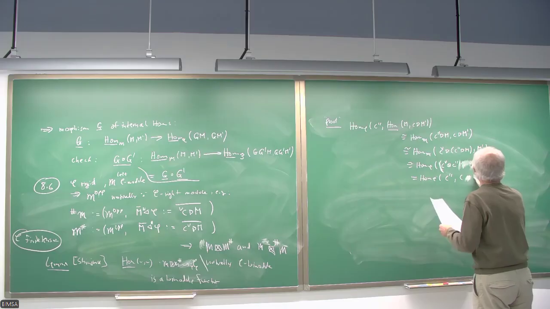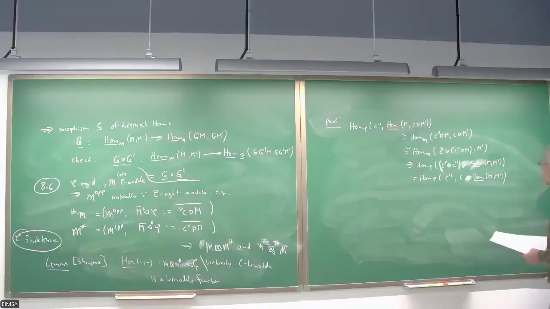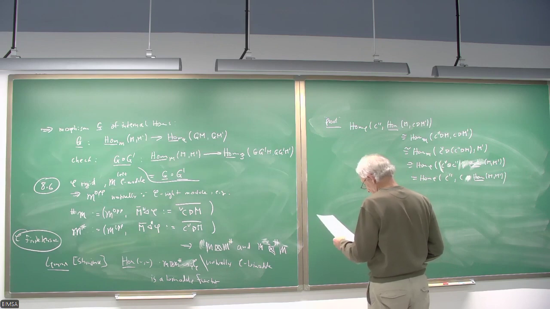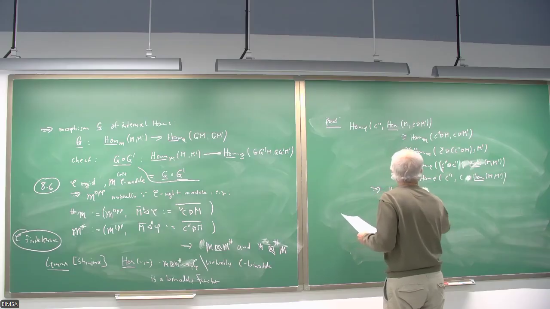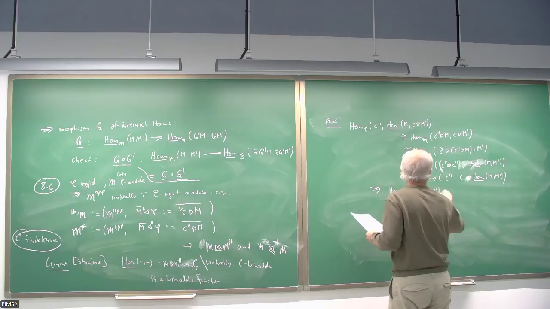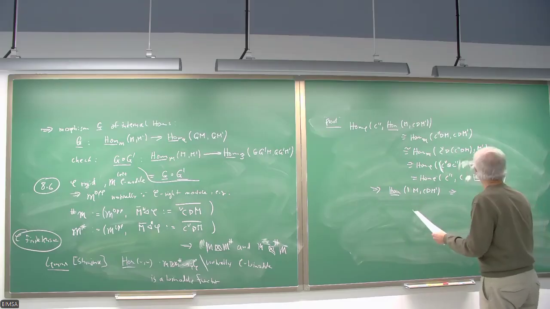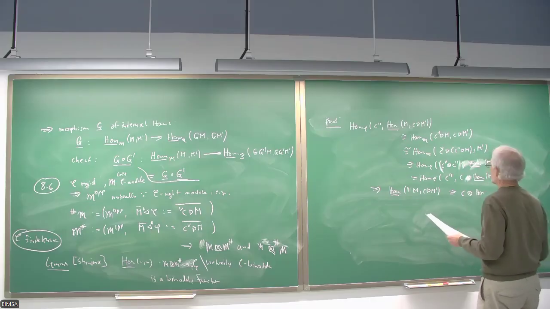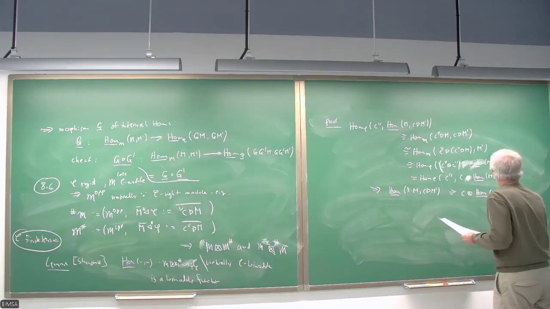And then by the Yoneda lemma, we see that if we apply the second argument, this gives an object which is C tensor, with the internal Hom.